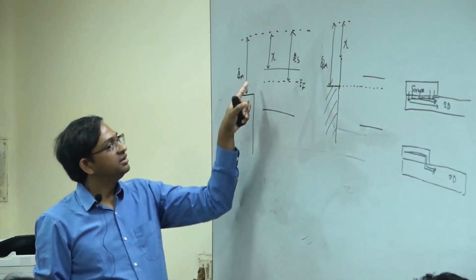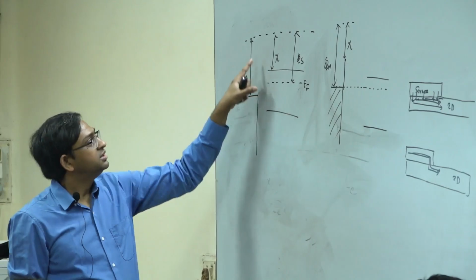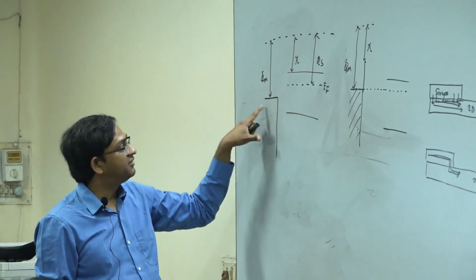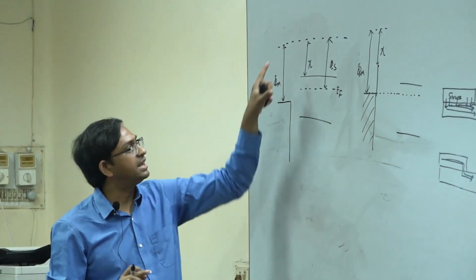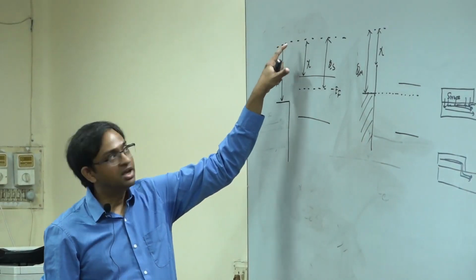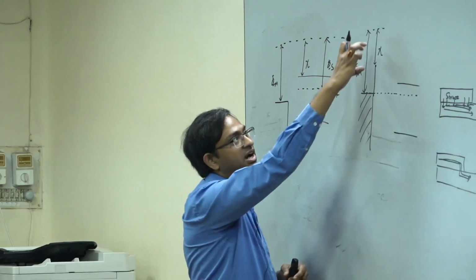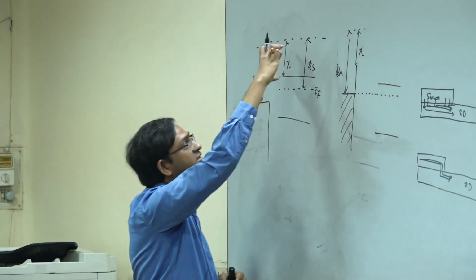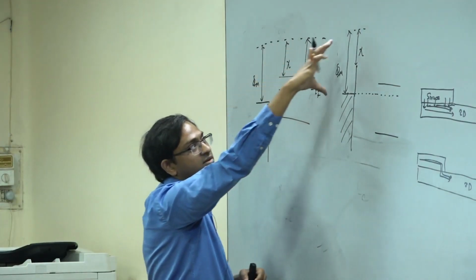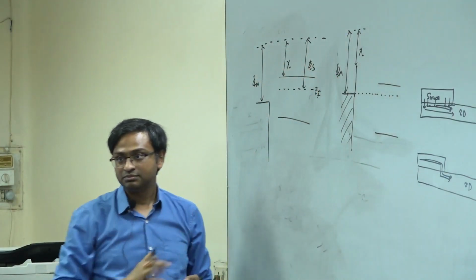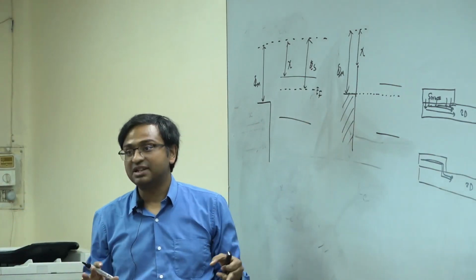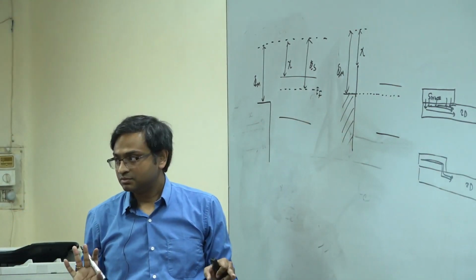Right? Got it? Right? So at the junction, the relative position of the conduction band and the Fermi level for the metal has to be the same with respect to the vacuum level. So this is the vacuum level. So therefore, the conduction band of the semiconductor should be at a distance of chi. Right? This is where it is, while this is phi m, because we are doing by assuming this as a reference level. Got it?